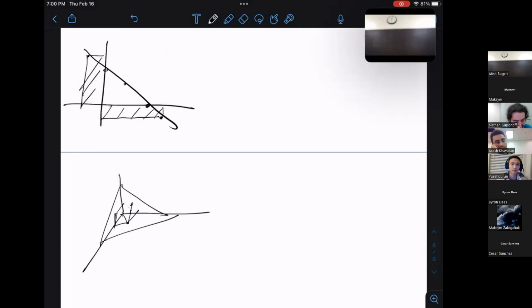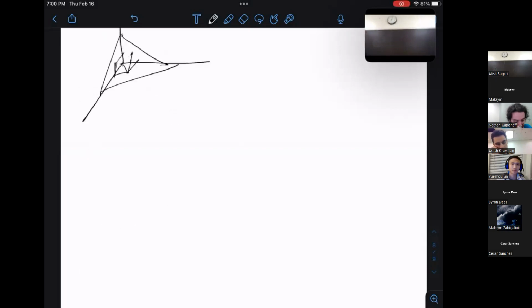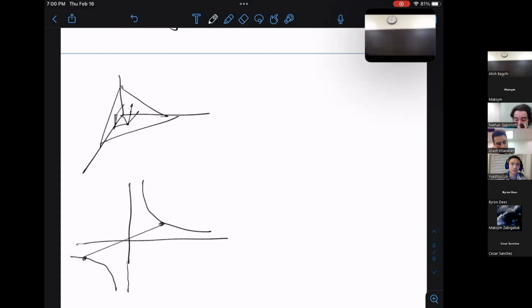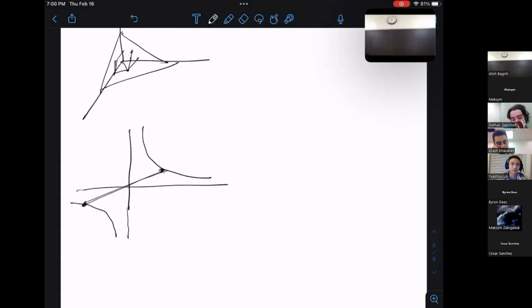I can make much more complicated problems. I could produce, let's say, a hyperbola, and I take a point here and take a point there, and I join the two. This point has to move along this curve, and this point has to move along that curve. Find the maxima, and find the extrema of this length. Okay, clear?